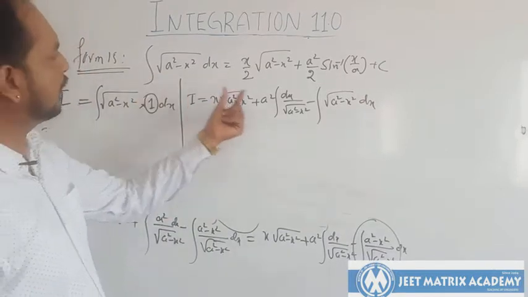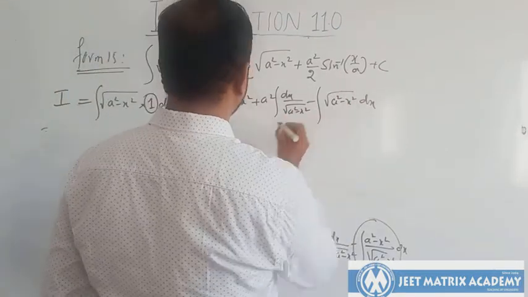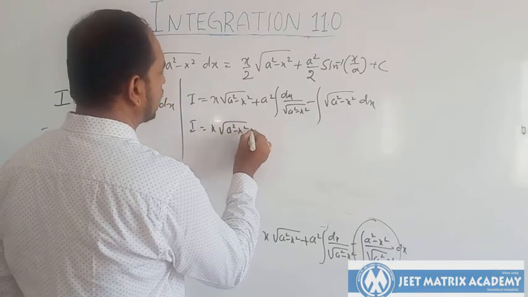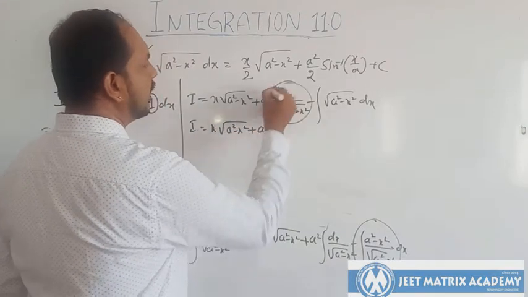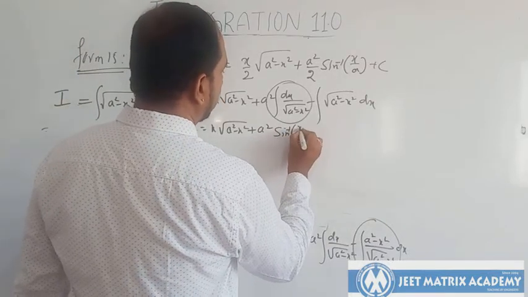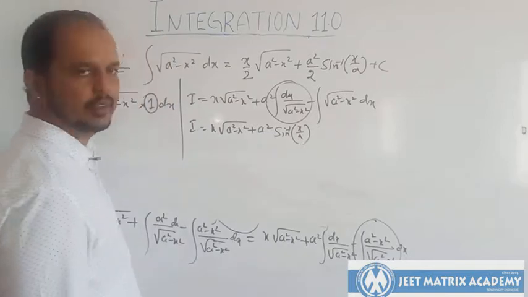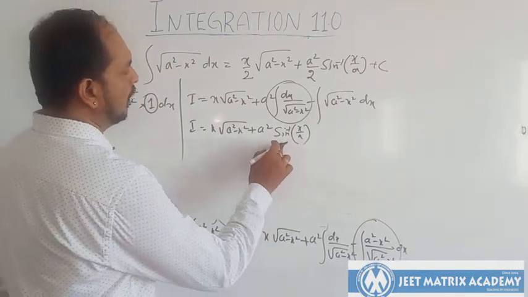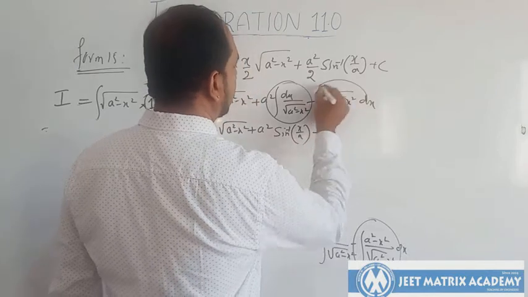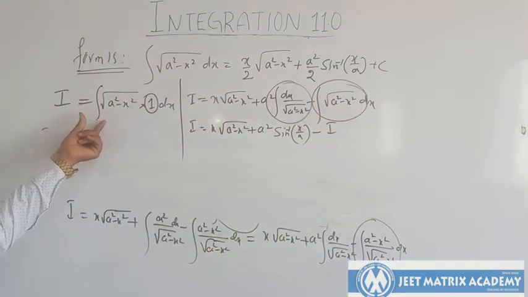So the function keeps repeating, okay. So now I equal to x root of a square minus x square plus a square, integration of this will be sin inverse of x by a, am I right? Minus, I consider this as I, okay.